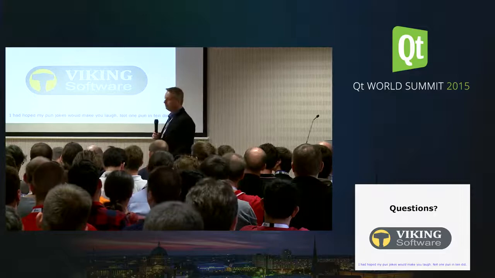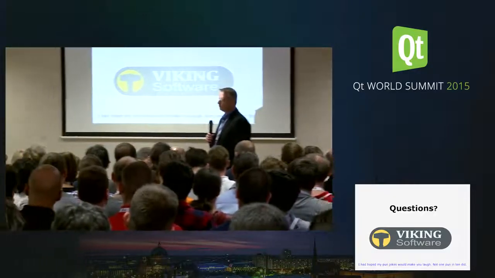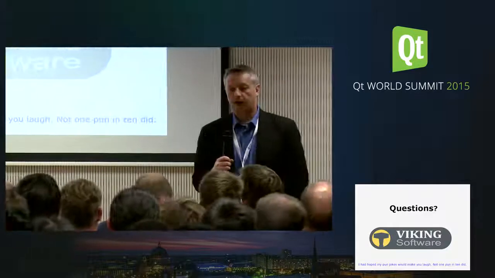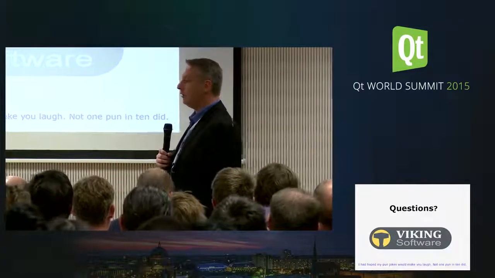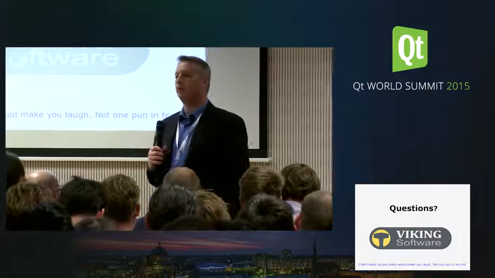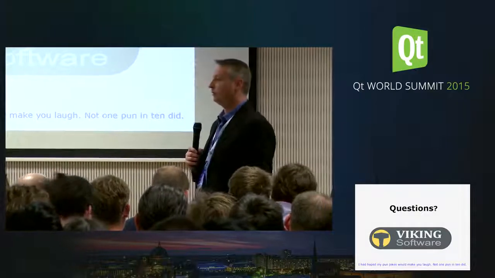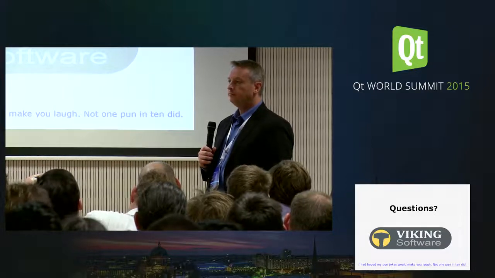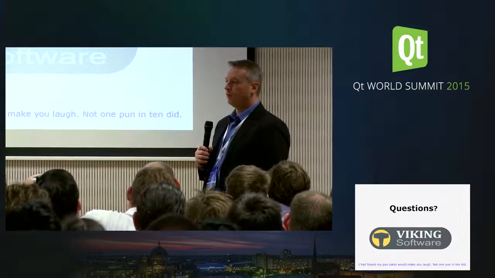Are there any tools you use to visualize what happens with threads if you have a problem? The question is, are there any tools I use to visualize problems in threads? No. There is a lot of frustration and pulling hair.